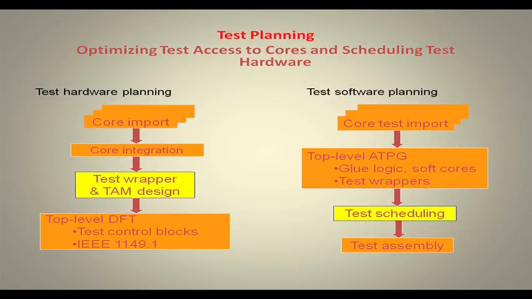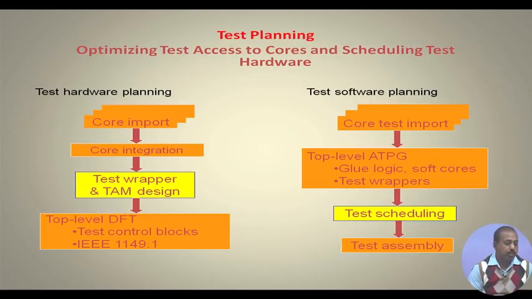It is not at a layout level but at a much higher level, so I can run an ATPG tool to generate the test vectors. For soft cores we can do this, but for hard cores we cannot do anything; we have to rely on the patterns provided by the core vendor.